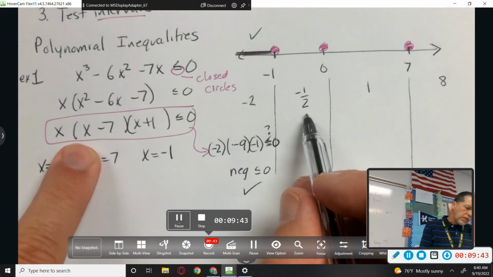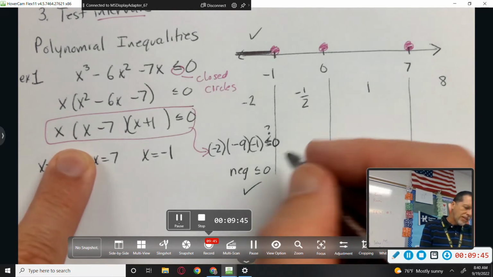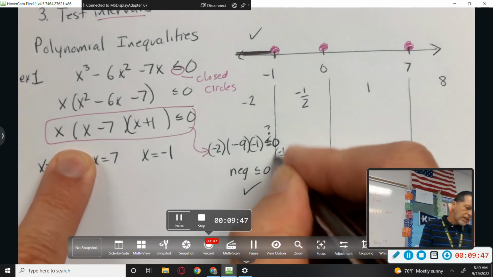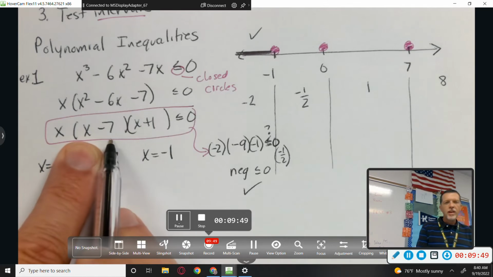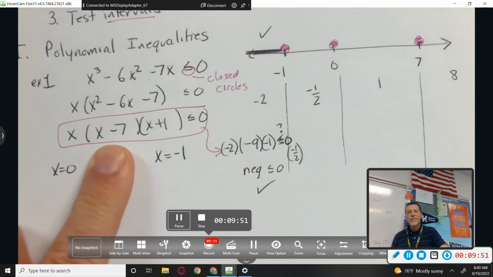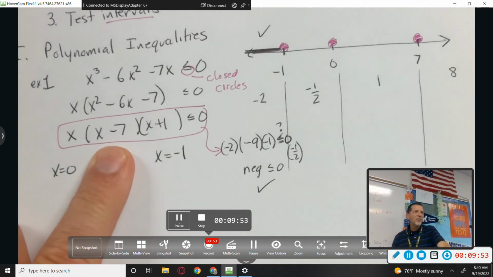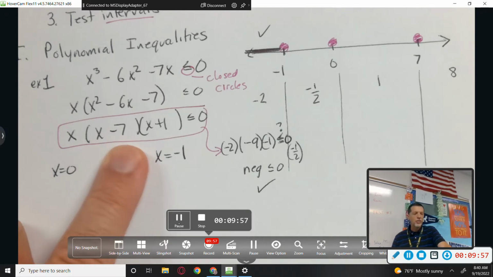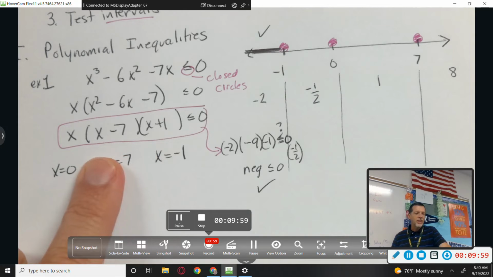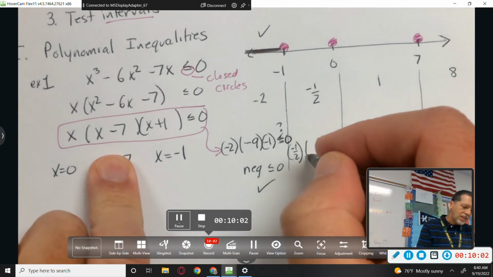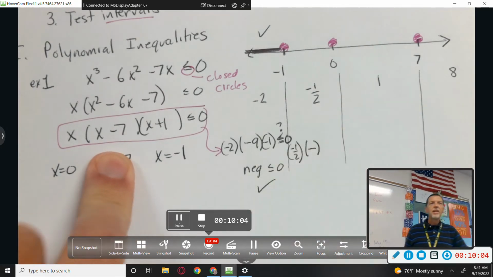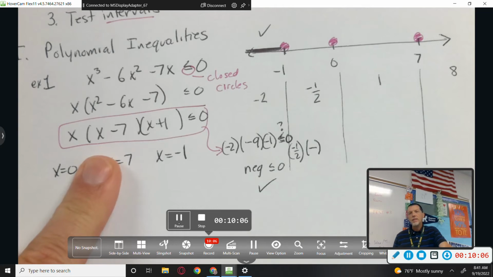All right, we go to plug in -1/2. I get -1/2 times, well, yes, -7.5, but all I care about is negatives and positives, especially since I'm multiplying. So negative 1/2 minus 7 is negative. How's that for lazy math? But that's all I'm concerned about.